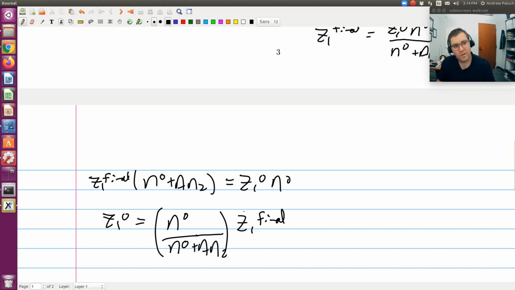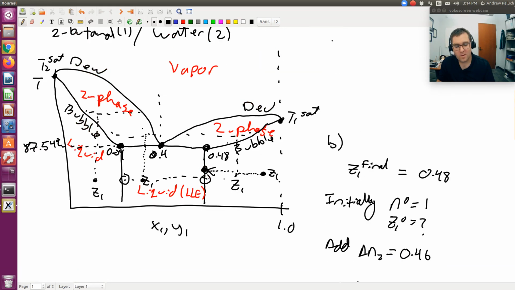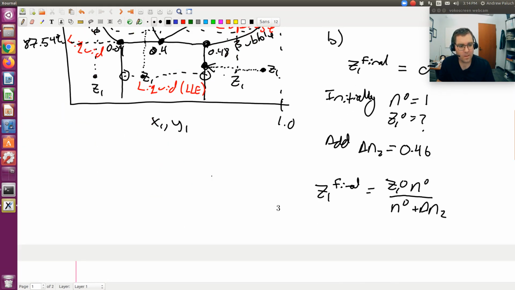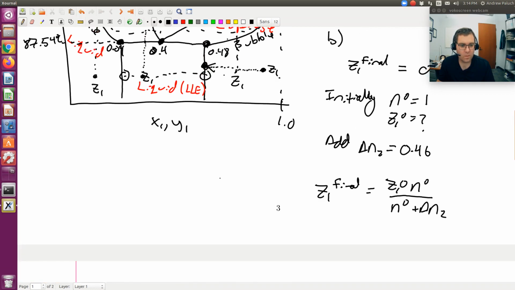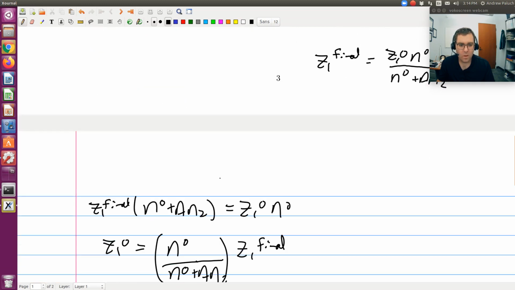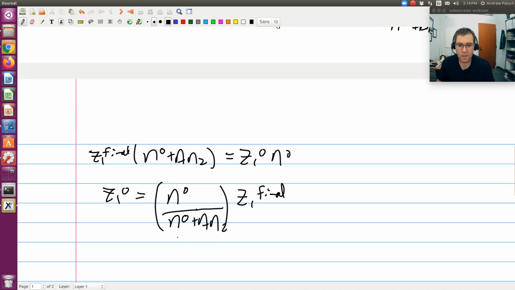Hold on, but now does that make sense? So this is 0.48. That's this. Oh, my algebra is terrible. So that's Z final times N naught plus delta N2. Okay, so Z1 naught is, oh, I'm sorry, my algebra is just terrible.